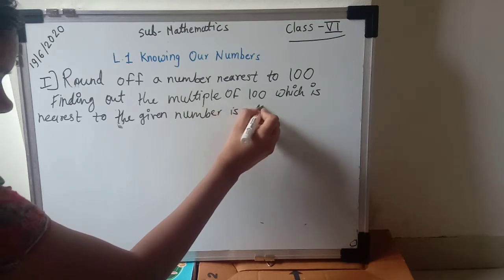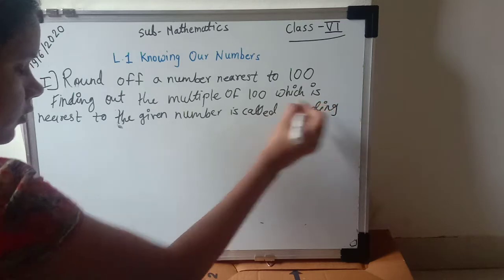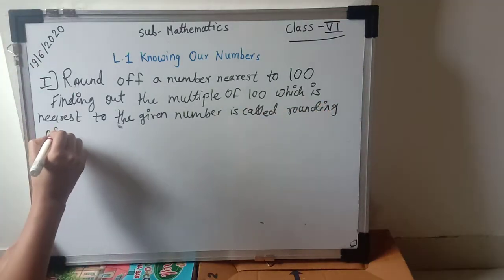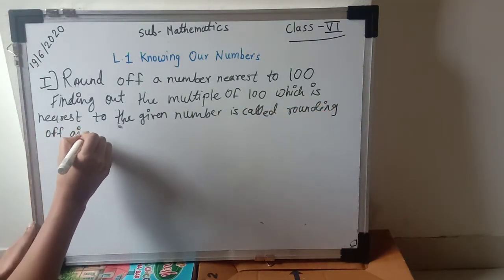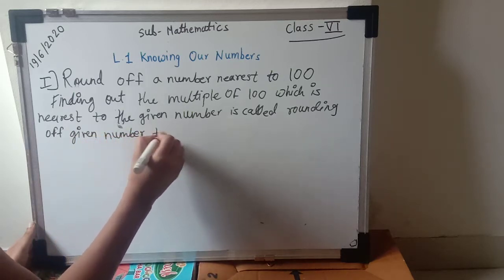It's called rounding of the given number to the nearest 100.